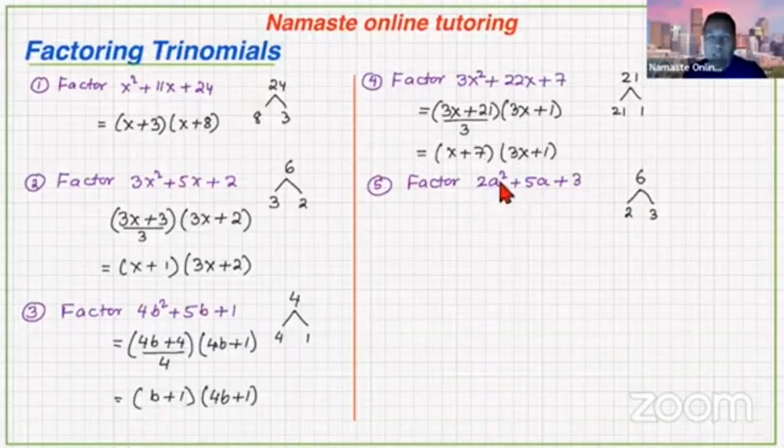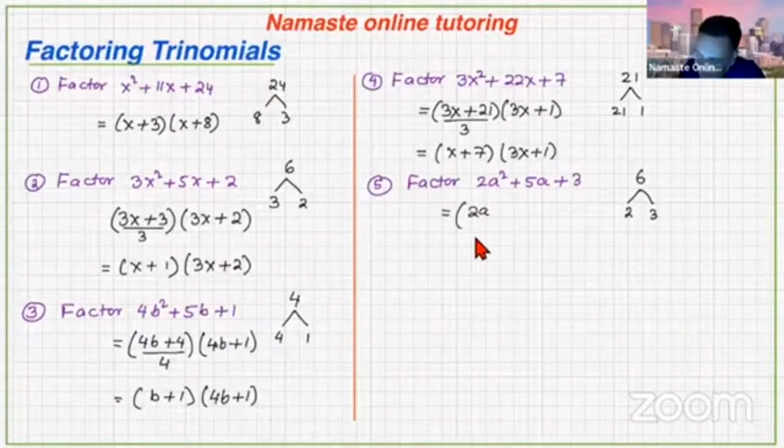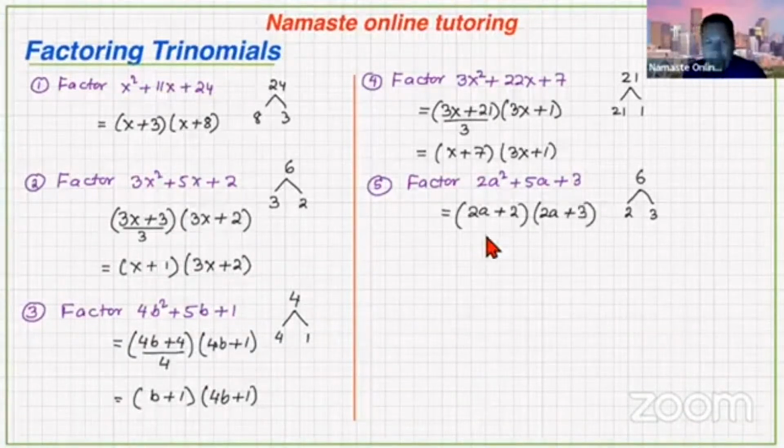So if we want to write the factors, here is 2a squared, so our first term will be 2a, and these are the second number in each parenthesis. So we write this as 2a plus the first number and 2a plus the second number. In the second parenthesis there is nothing common, but in the first one there is a common factor 2.